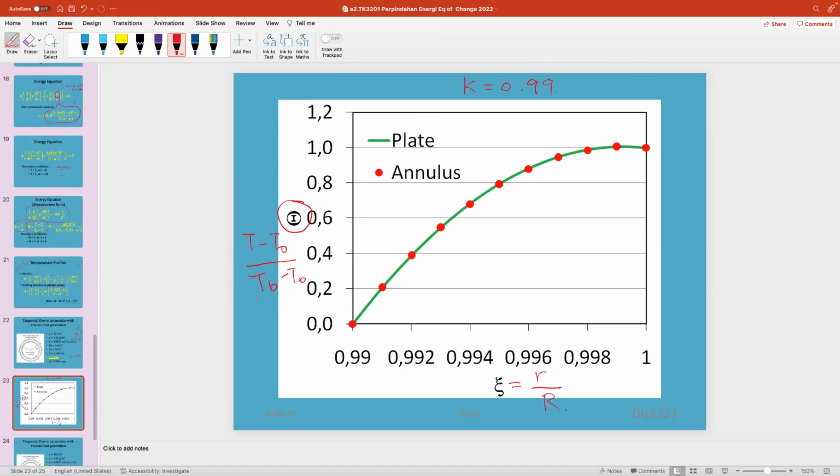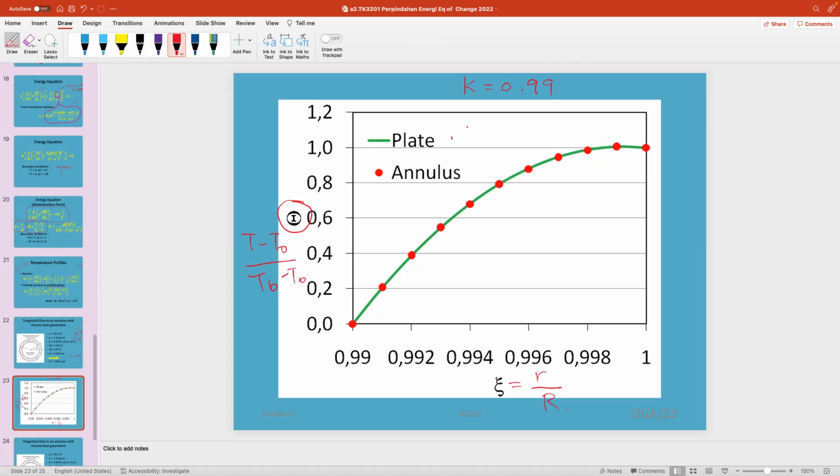The horizontal axis tells you r over capital R. Both are dimensionless units: this is the dimensionless unit for temperature, and this is the dimensionless unit for radius. You can see the profiles.